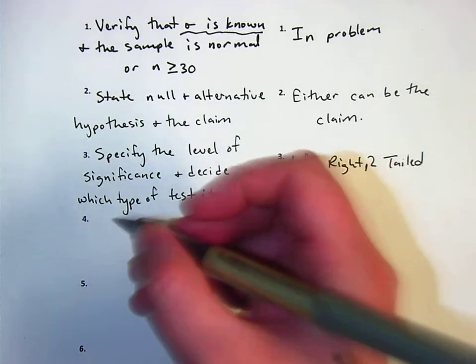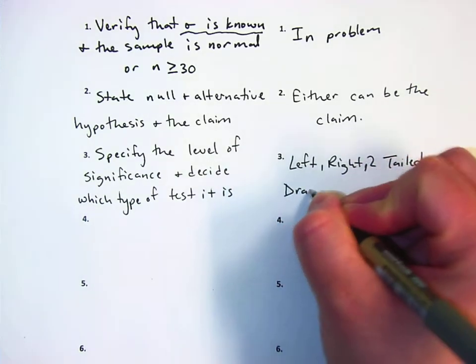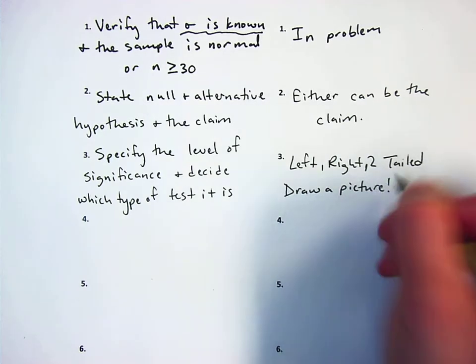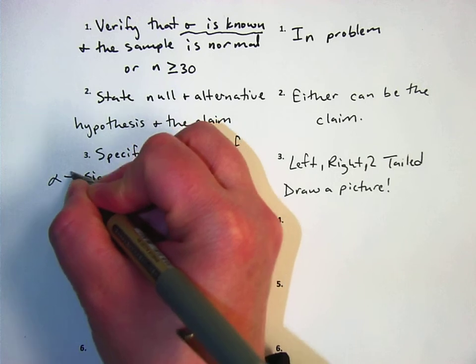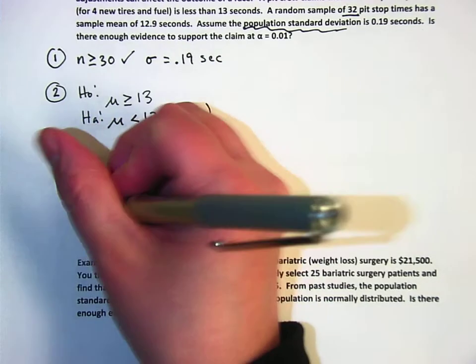Level of significance, remember, is alpha, and it also helps to draw a picture. All right.